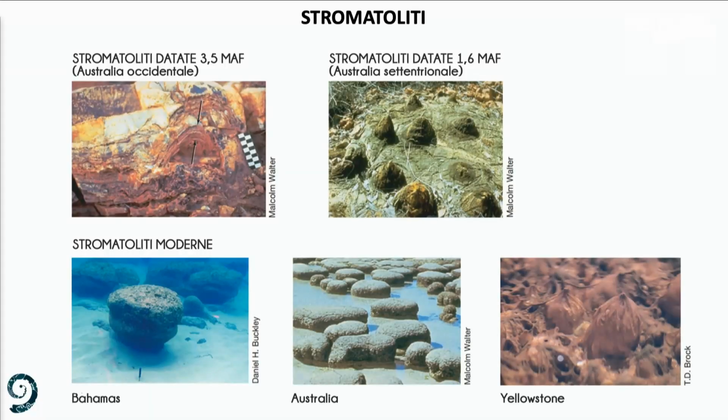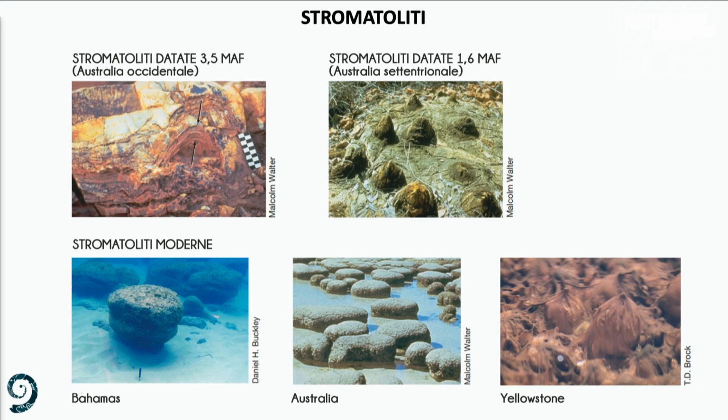And we think that this is the case because some fossils were found in Australia, which you can see here in this image. In these rocks, which date back to 3.5 billion years ago, we found bacteria cells called stromatolites, which can also be found today.